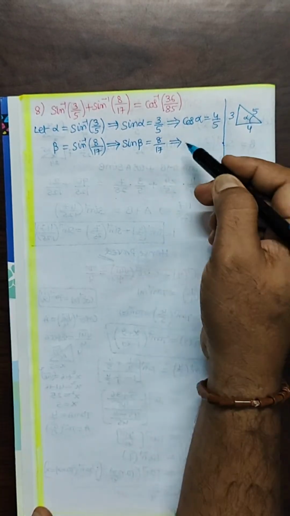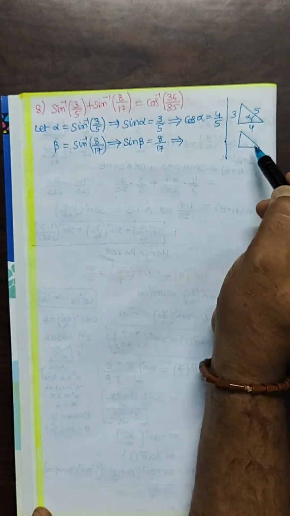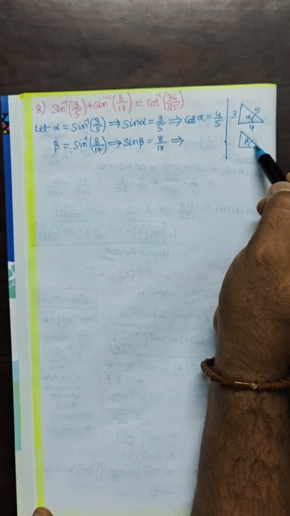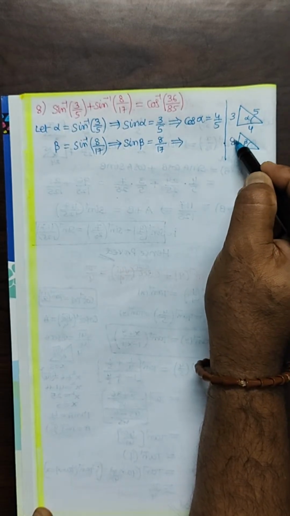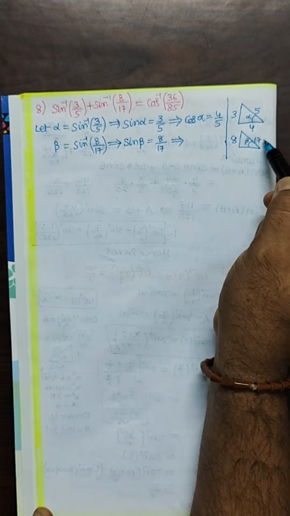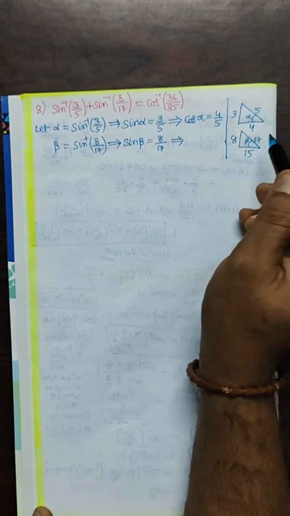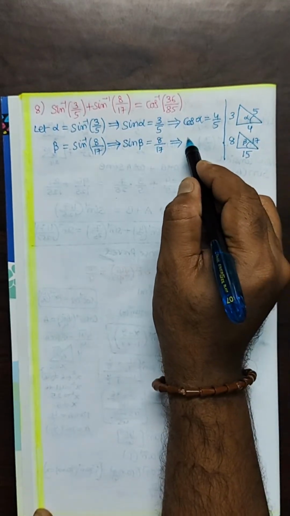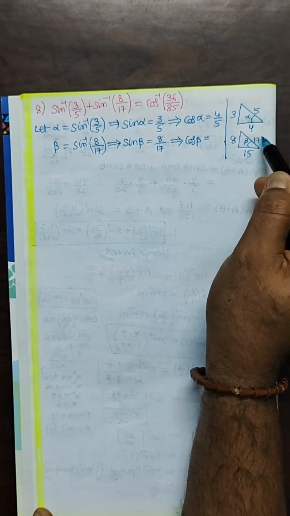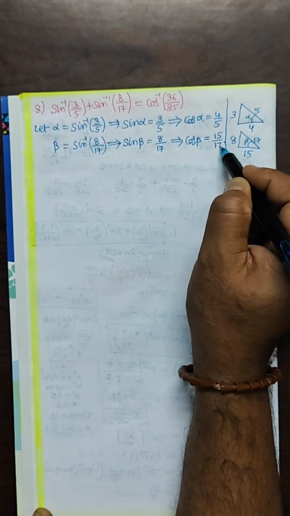That implies, opposite and hypotenuse, here 289, here 15 will be there. 225 plus 64, 289 will come. So from this cos beta equal to adjacent side by hypotenuse, 15 divided by 17.